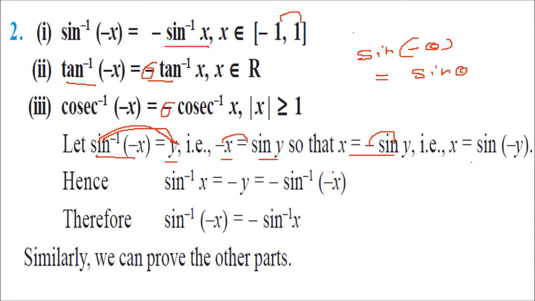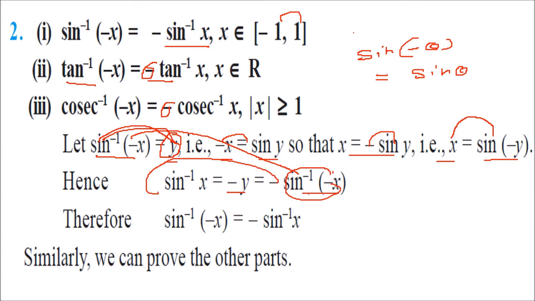So x equal to sine of minus y. Now take sine inverse on both sides. So sine inverse x will be equal to minus y. But what was y? It was sine inverse minus x, and minus is already here. So we get minus sine inverse minus x. Take minus here. Sine inverse minus x will be equal to minus sine inverse x.